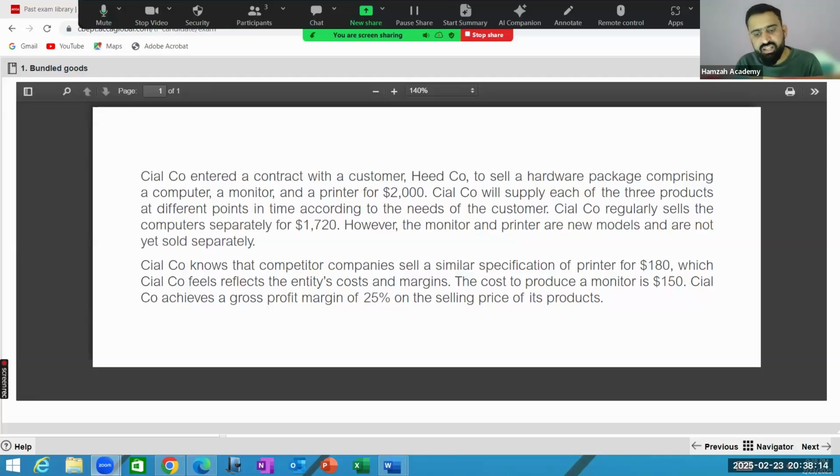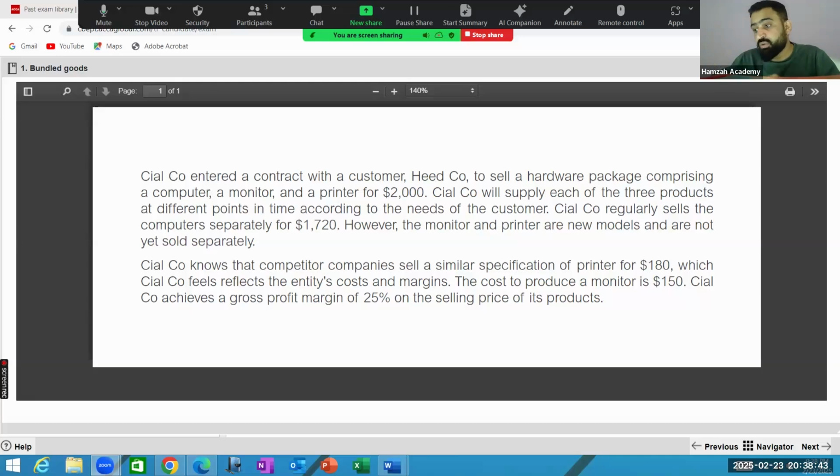C company knows that competitor companies sell similar specification of a printer for $180, which C company feels reflects entity cost and margins. The cost to produce a monitor is $150. C company achieves a gross profit margin of 25% on selling price of its product. 25% margin on selling price.